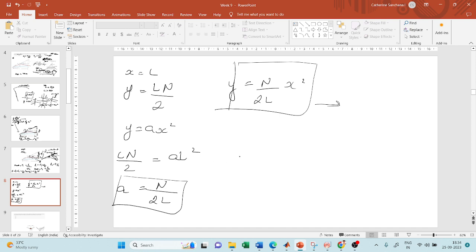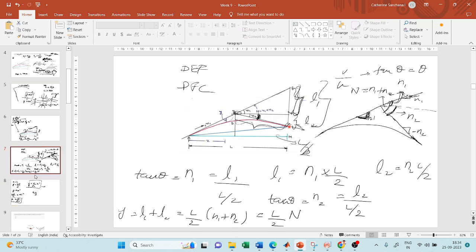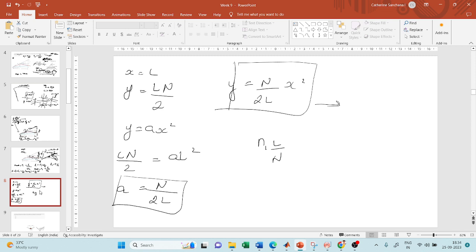To find out the highest point of this curve, just substitute x is equal to L by 2.